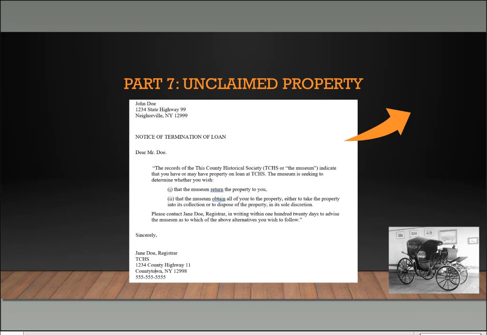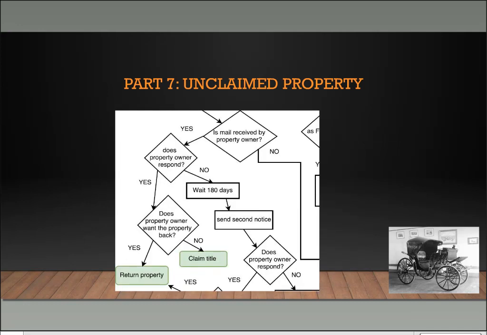So in most cases, you either want to give this thing back or you want to keep it and make sure that you have all of the rights to the property. All right, so we're going to send John Doe this piece of mail asking him to pick 1 or 2 and respond to us in writing within 120 days with his choice.